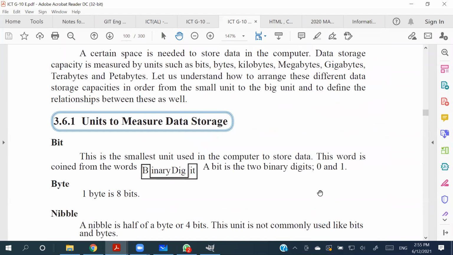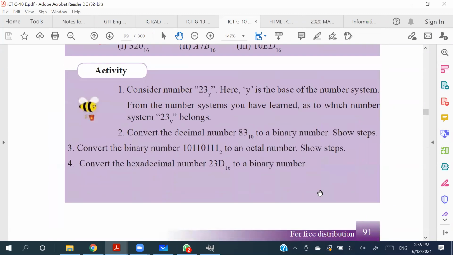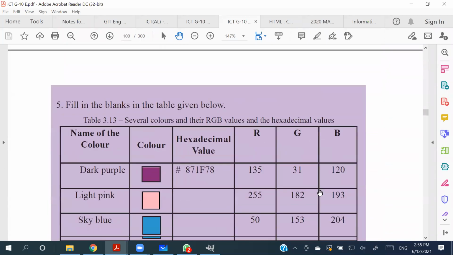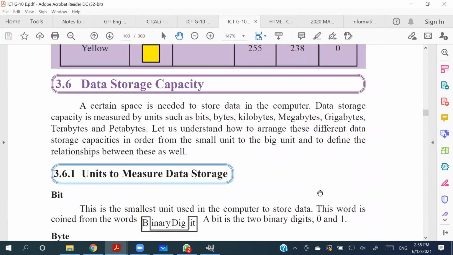So it's better we write about this a little, right? Have the heading data storage capacity. Right, data storage capacity.